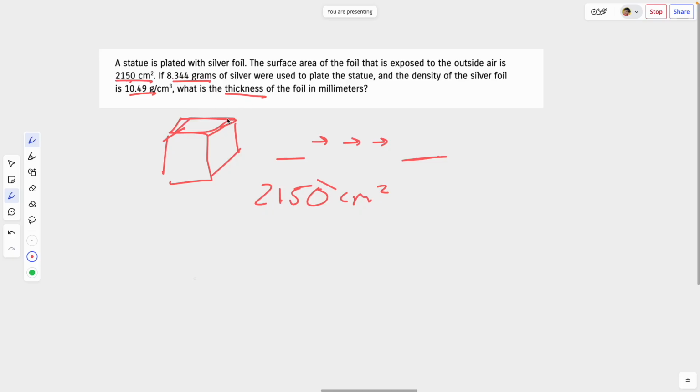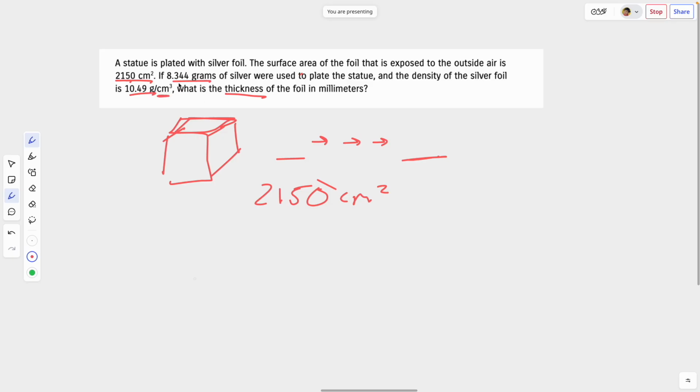So essentially what this problem is saying is that if we were to multiply this surface area of the foil by the thickness, it would give us a volume, right? Because we have 3 dimensions now. And we can use that volume with this conversion factor. In this case, it's a little flipped, because typically you would assume that they give you the volume and you have to calculate the mass, or they give you the mass and you have to calculate the volume.